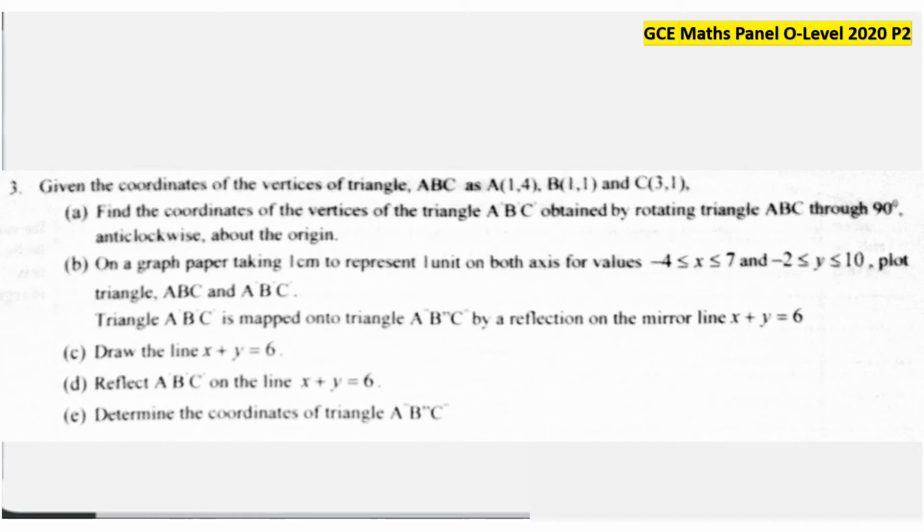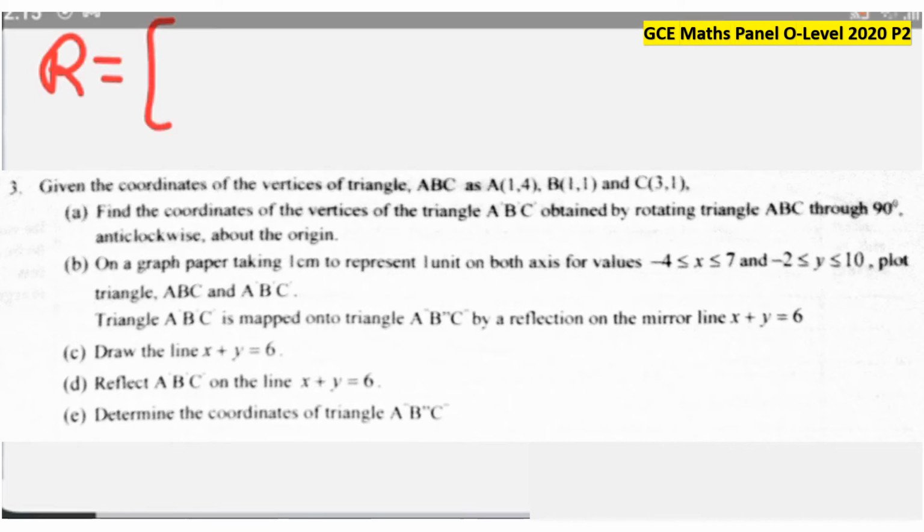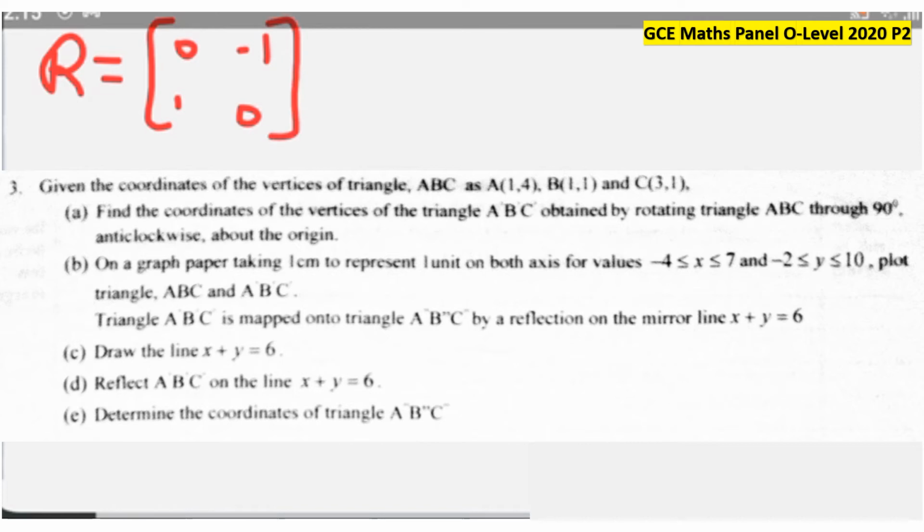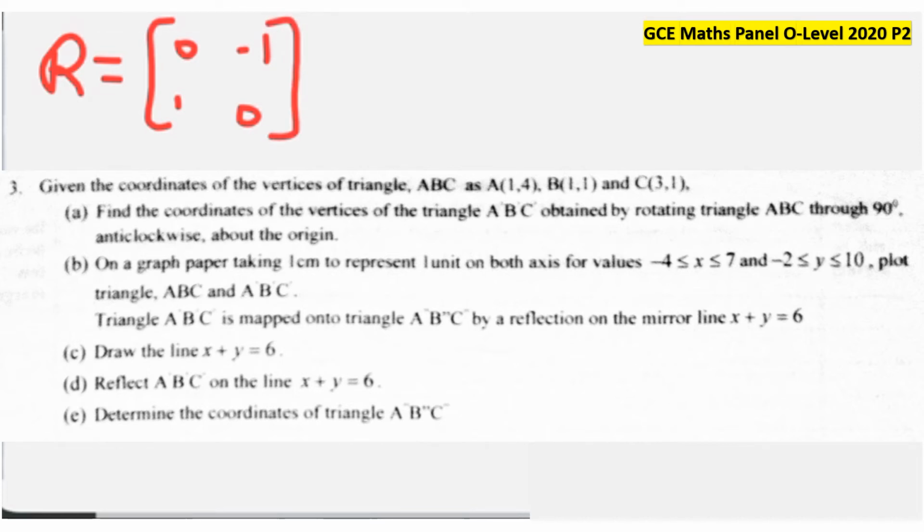We know that the rotation matrix for 90 degrees anti-clockwise is given by R equals [0 -1; 1 0]. If you look at the Black June and some other papers which we have presented online, we have explained this there in detail.